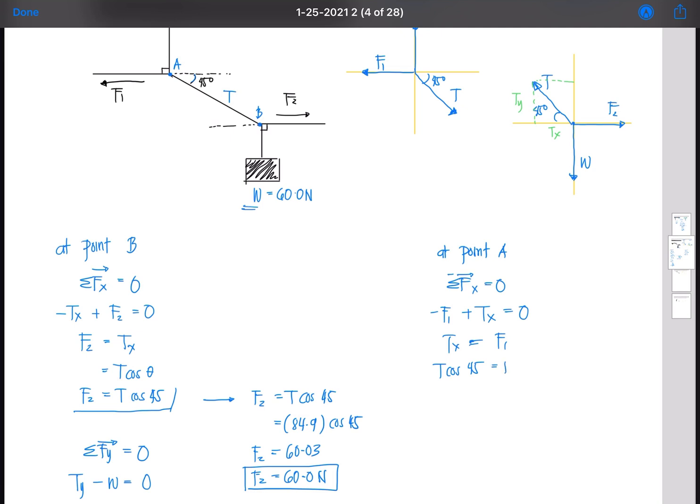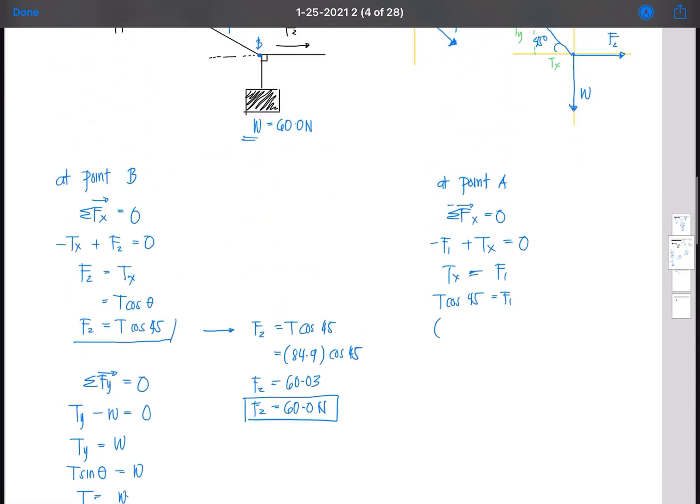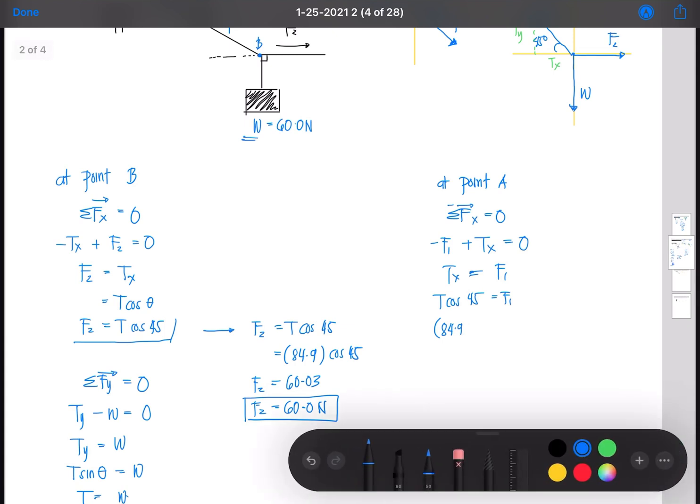The value for tension is 84.9, and let me keep it consistent. In your problem solving, you may not write the units yet, as long as your units are consistent.